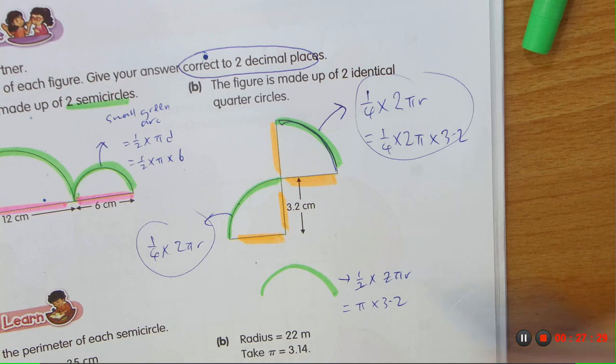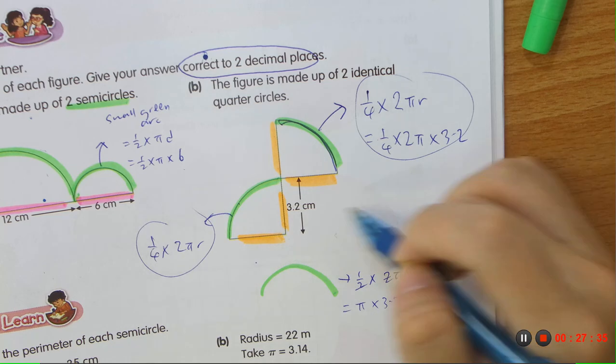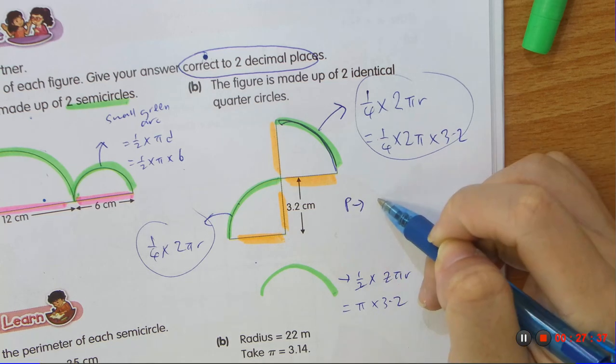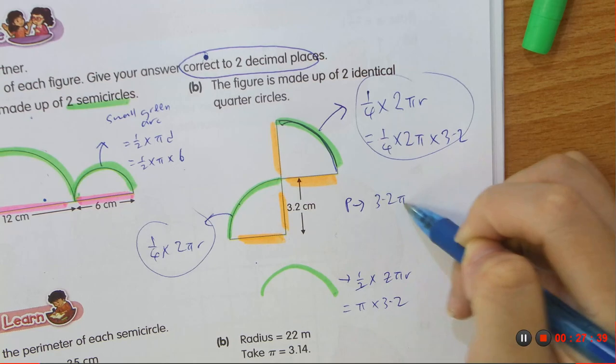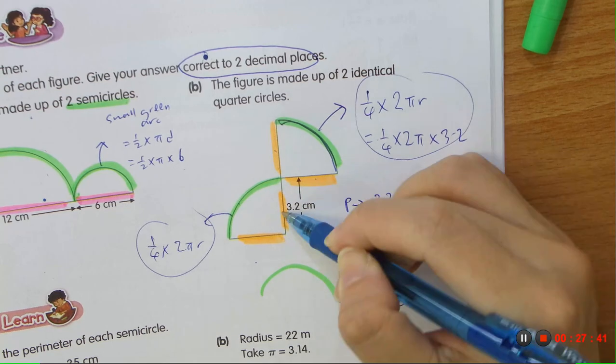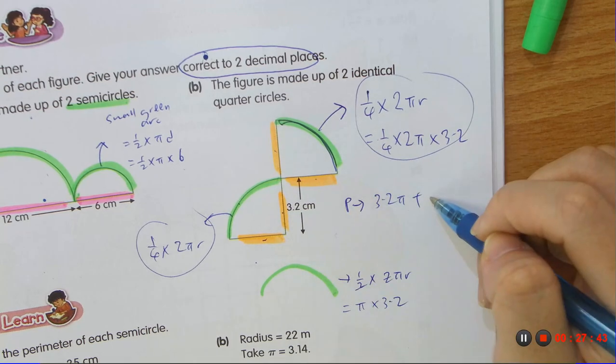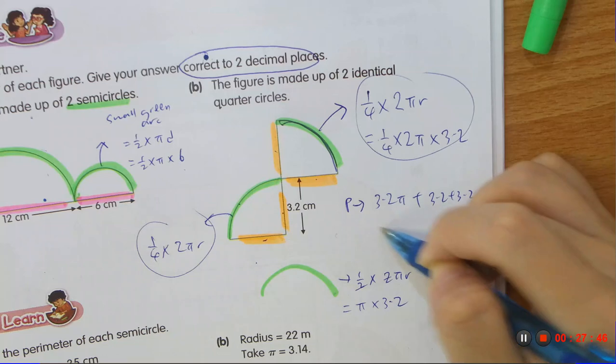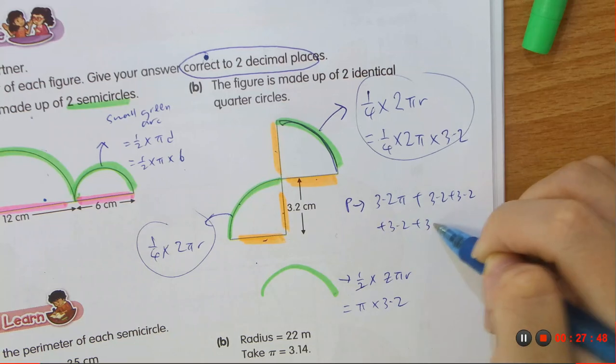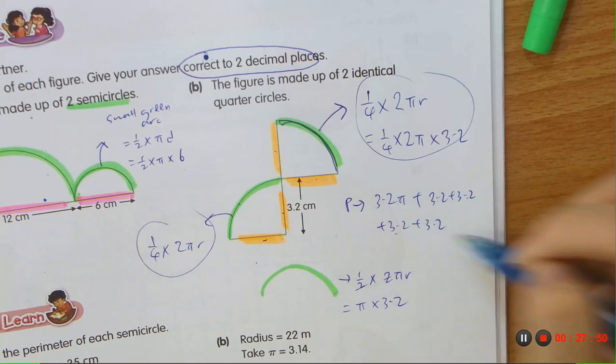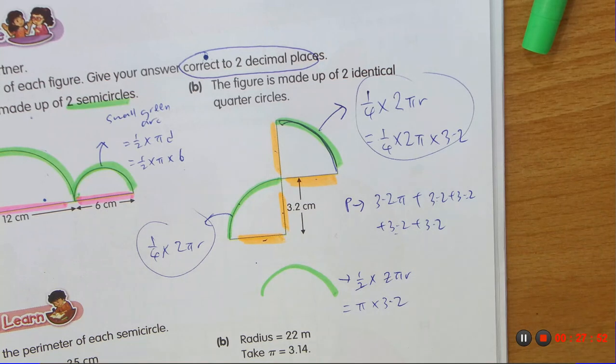Then the perimeter will be 3.2 pi plus 3.2 plus 3.2 plus 3.2 plus 3.2, 1, 2, 3, 4. That's the calculation. Does it make sense to you?